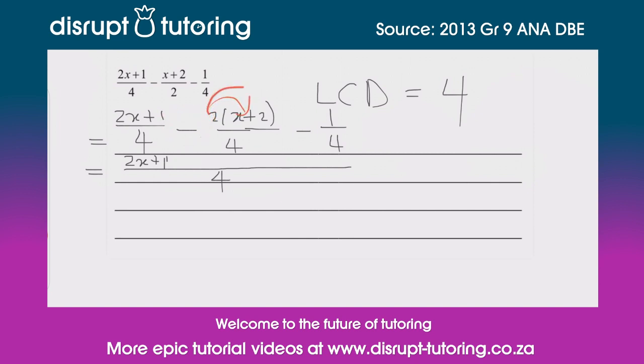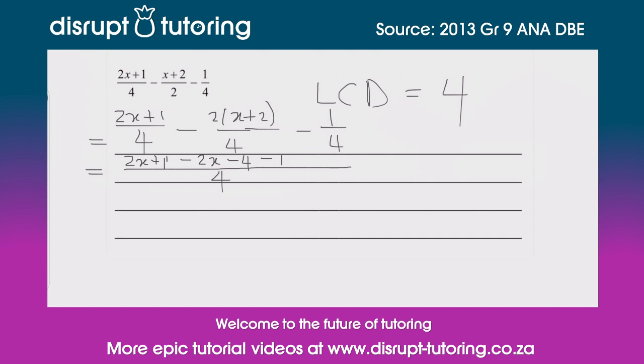Don't just times in the 2. Remember, this negative belongs to the 2. So we are timesing in a negative 2, and that's the thing that's going to catch out a lot of people. So we're going to say minus 2 times x is minus 2x. Minus 2 times 2 is going to give us minus 4. Brilliant. Done. Middle part done. And then we've got a minus 1 as well.